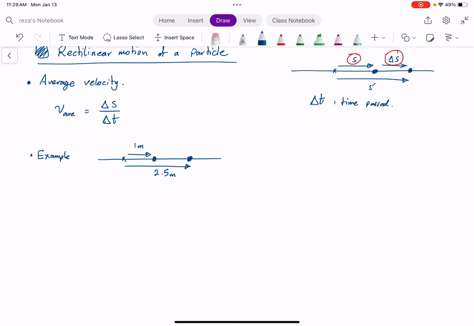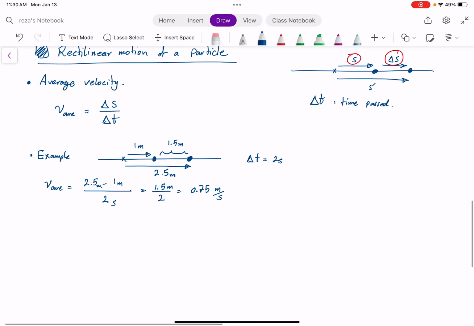And the time between these events, delta T, is 2 seconds. I can calculate the average velocity to be 2.5 meters minus 1 meter. That is my displacement, so that is 1.5 meters divided by time passed, 2 seconds. That is 1.5 divided by 2, 0.75 meters per second.